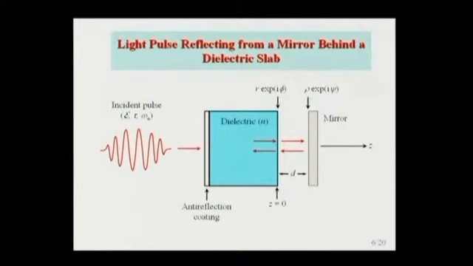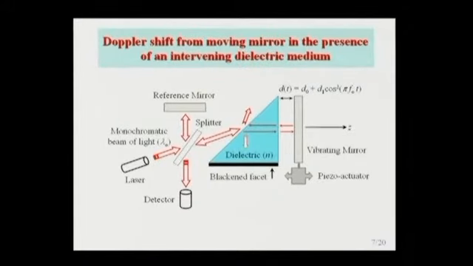So the Doppler shift is due to the motion of the mirror. This Doppler shift can be measured. So let me give you just a simple example of how to measure the Doppler shift. Suppose you take a mirror and put it behind a prism. I use a prism because the front facet is slanted, and if the light comes at this angle, there is no reflection. So you don't need to put anti-reflection coating on the mirror.